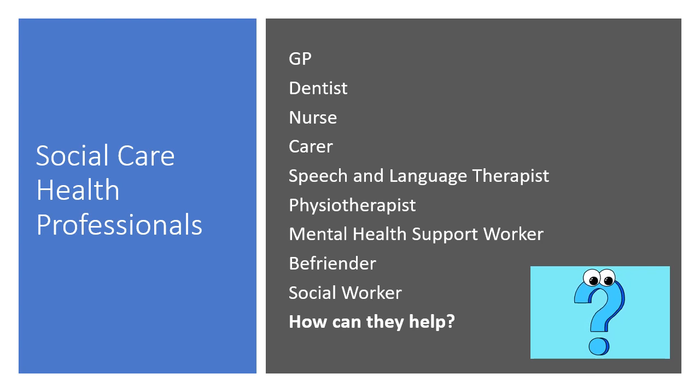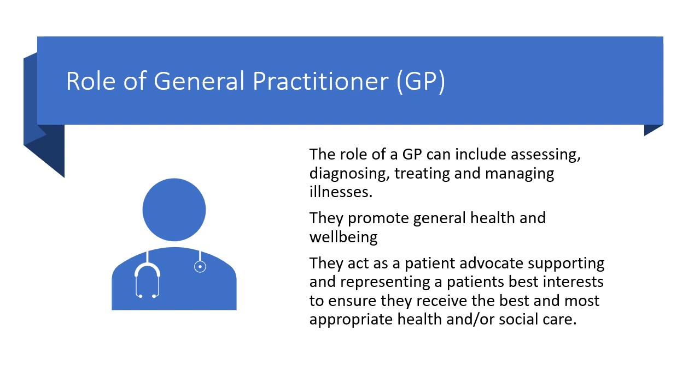Okay, but how can they help? So the next few slides are going to talk a little bit about each one, which will help you to do the task when we come to the question. So I'm just going to give you a quick overview of each one, but by all means, do some further research and have a look if you want to know some more information about each one, or if it's something that you particularly are interested in, in your future career.